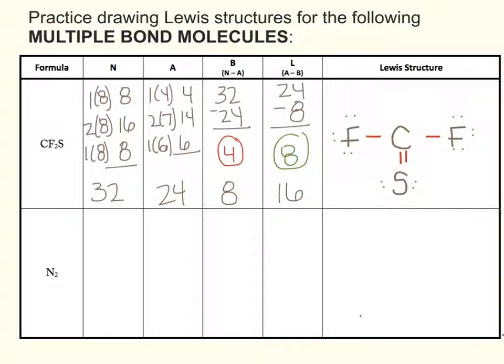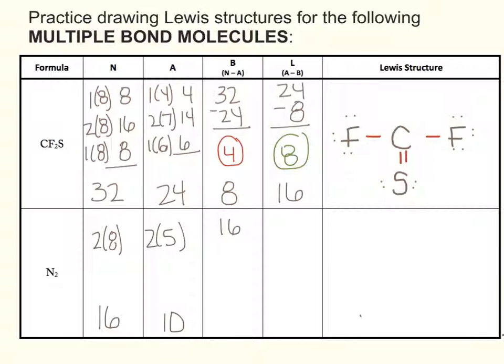The next example is N2, or dinitrogen, also referred to as nitrogen gas. There are 2 atoms of nitrogen, which needs 8, so we get a total of 16 for that. The valence electron count for nitrogen is 5.